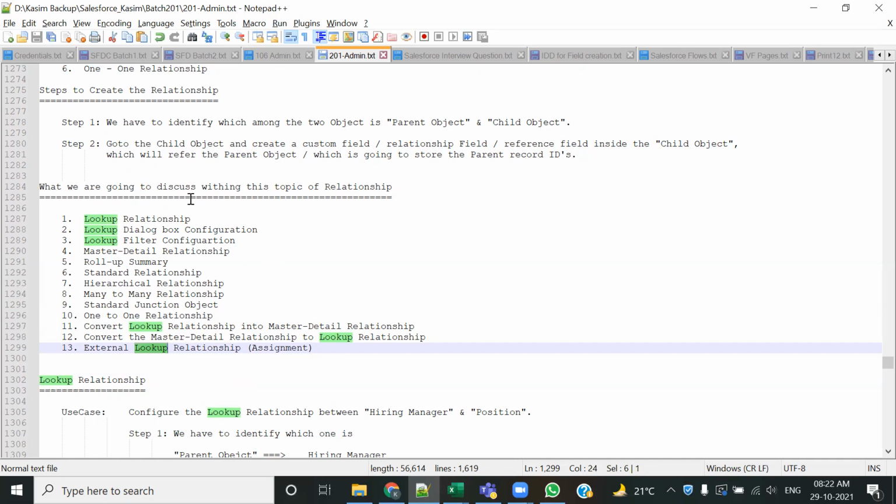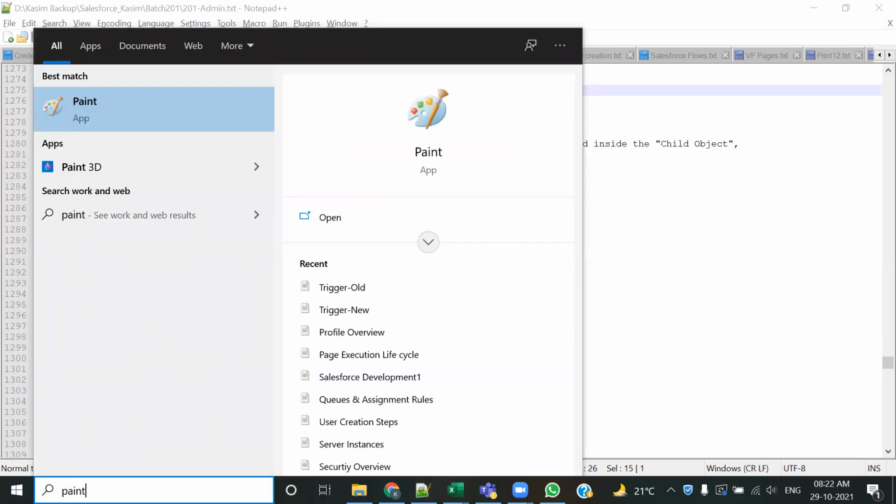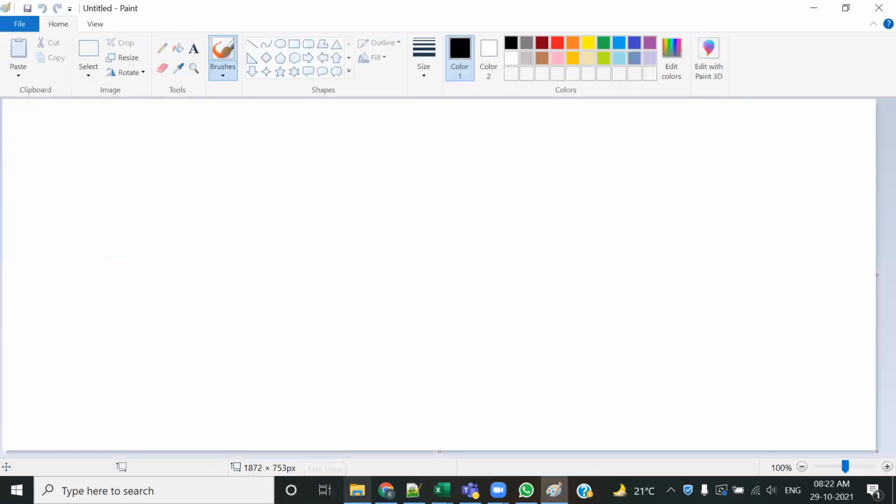Chalo. So see, whenever we want to create a relationship, creating a relationship is actually a two-step job. You just need to follow two steps. Let me show that. Probably I have a few objects.